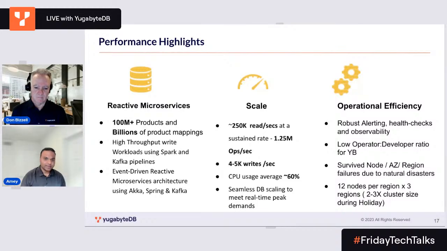So, real quick, the performance snapshot across 3 different vectors, as I've written up here. The first thing, when it came to cloud native or reactive microservices: the Yugabyte platform was able to support 100 plus million products and billions of product mappings throughout the last 4 years. The way data got into Yugabyte was through a combination of Spark and Kafka.